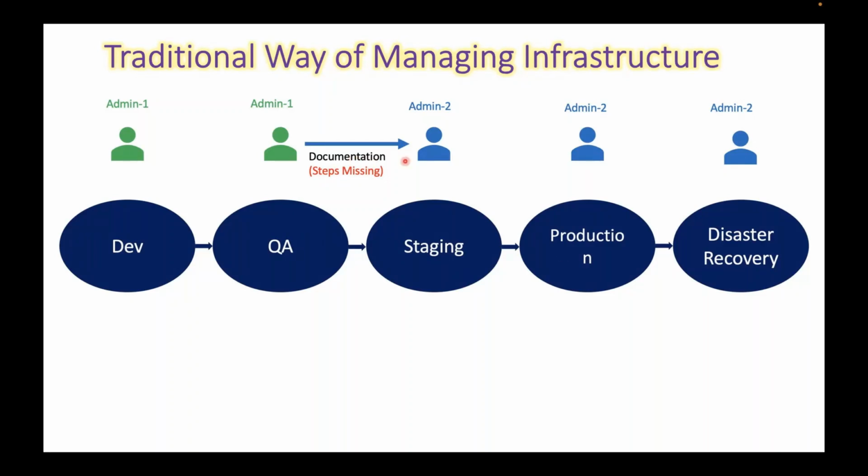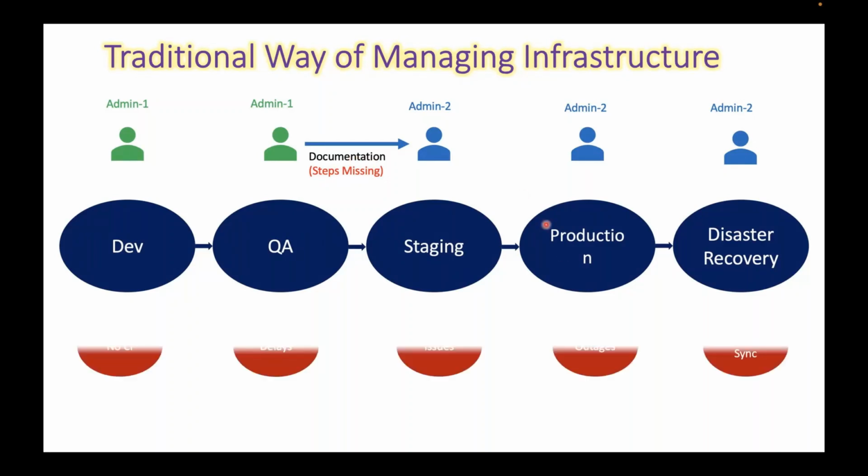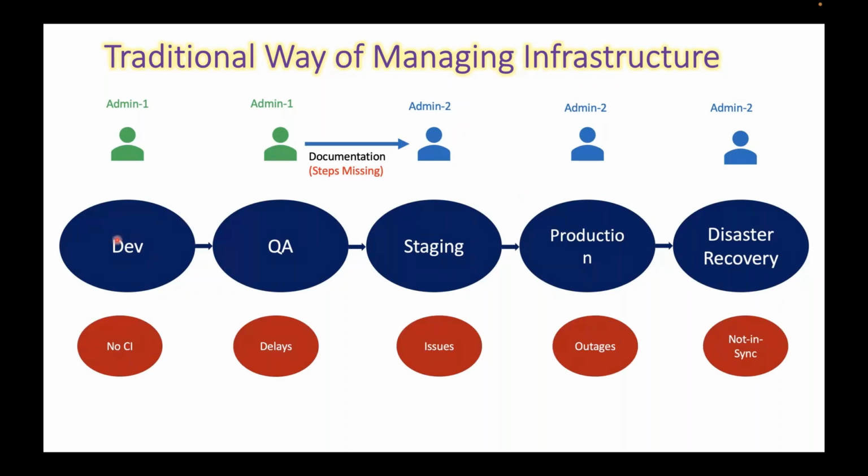In that case, what will happen? Dev and QA will be in a different configuration, and staging, production and disaster recovery in a different configuration. Finally, these will not be in sync, right? And this will lead to many issues or outages.